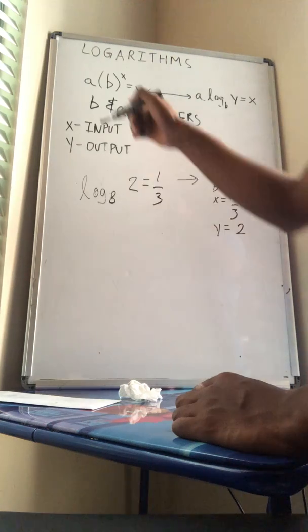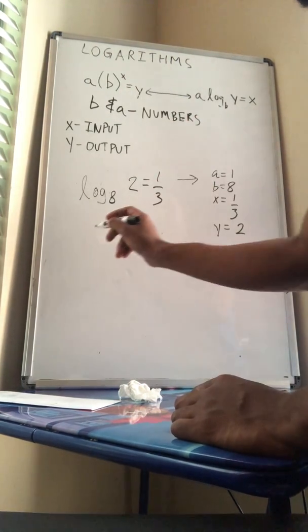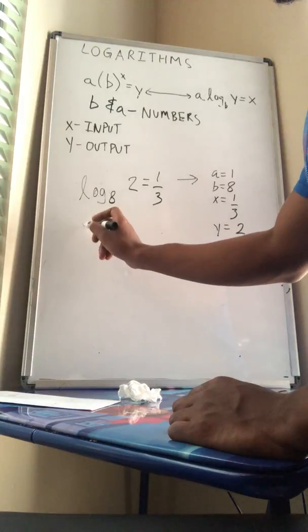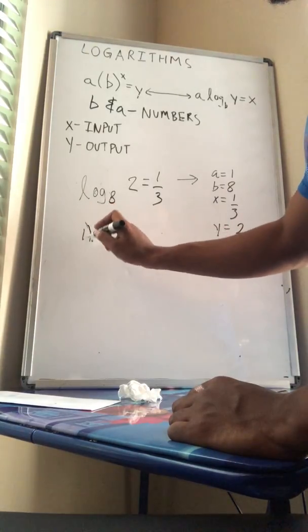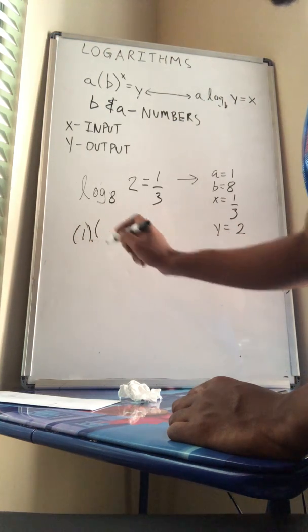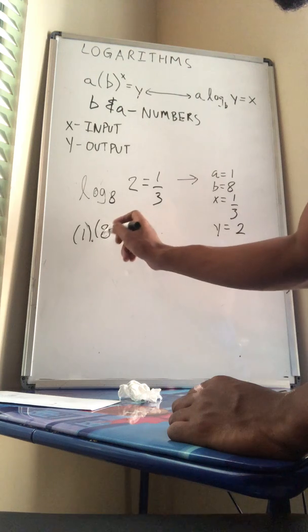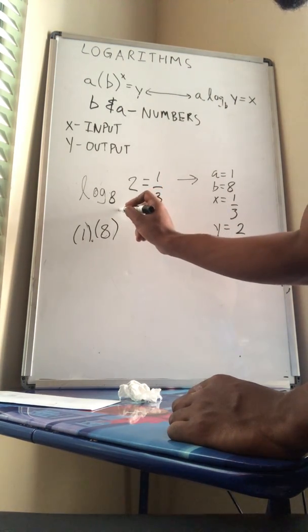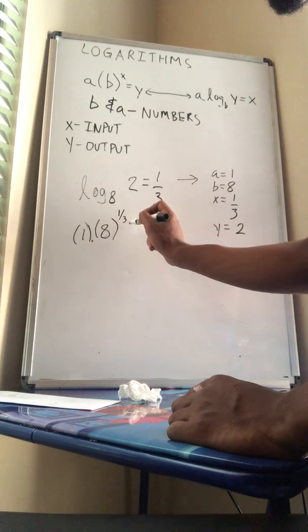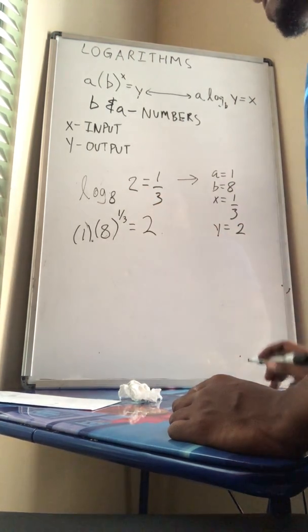So now I would rewrite it in my exponential form, where I would say a, which is 1, times my base, which is 8, raised to the x, which is my 1/3 power, is equal to my y, which is 2.